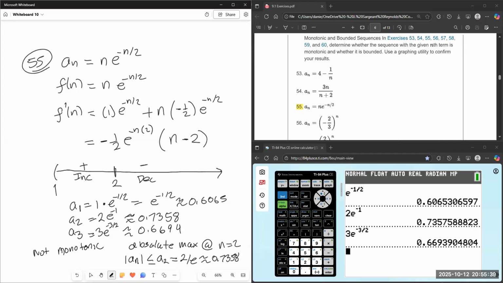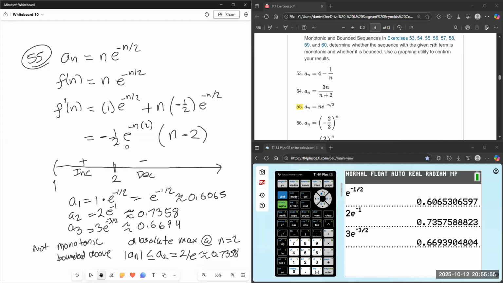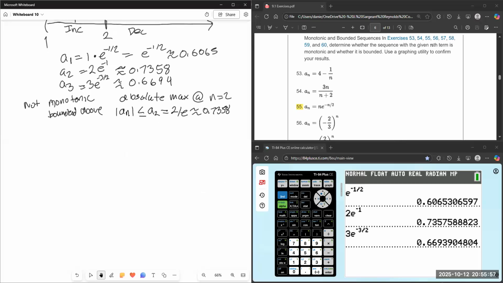So it is bounded. It's bounded above. All right, let's see if I can show you this idea of what a sub n plus 1 is equal to: n plus 1 times e to the negative n plus 1 divided by 2.